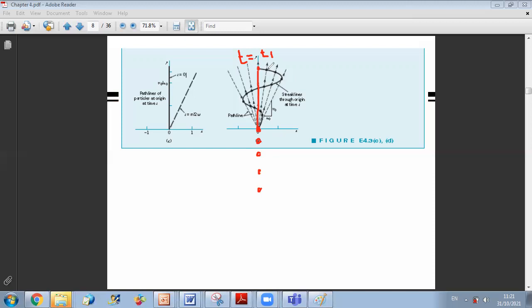Okay, so I can consider different times, and each particle will be on a certain path line, corresponding to the time of generation from the origin. And the last particle I generate at the origin will be here. I will see it here. So now, if you draw your streak line, you will see this. Here you will see an oscillating profile, because you will go from one path line to the other.